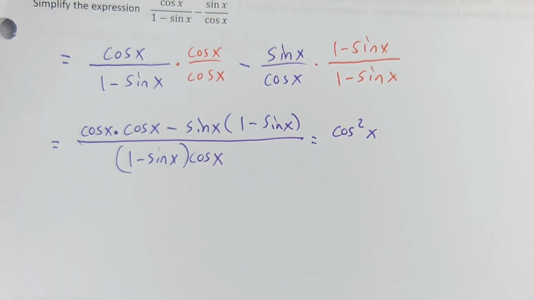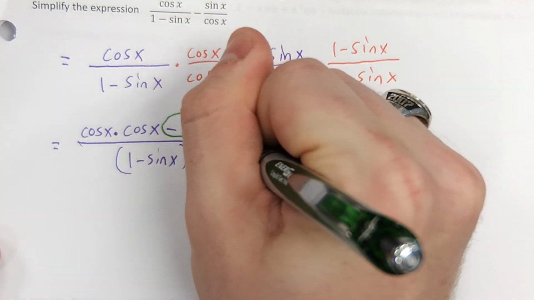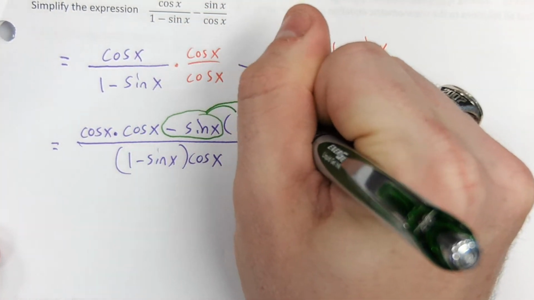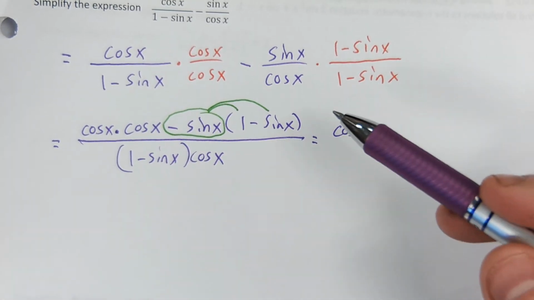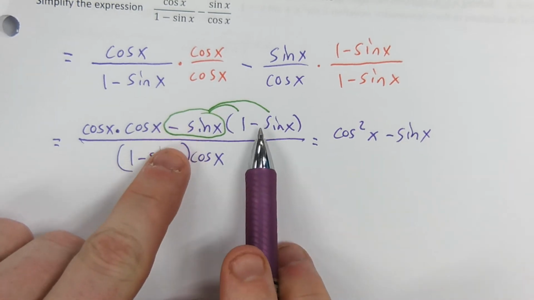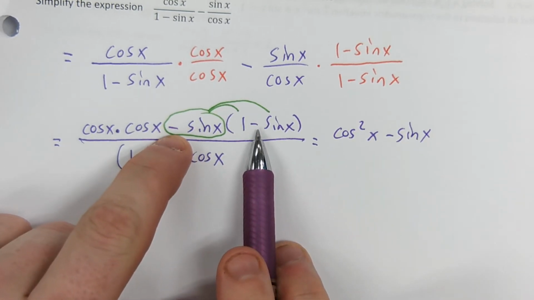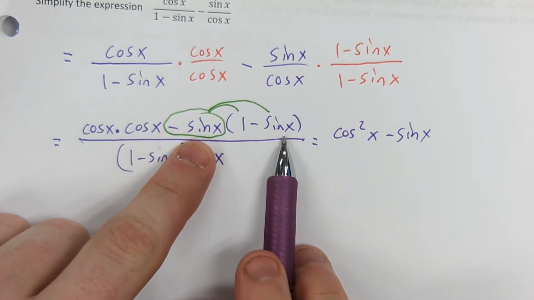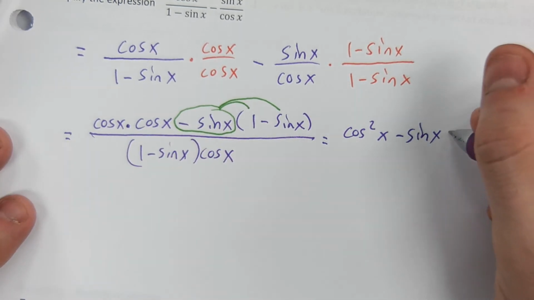What am I distributing? Somebody whispered it. Negative sine x, not sine of x, negative sine of x. So distributing that negative sine x is going to give me a minus sine x, and then multiplying these two negatives will give me a plus sine x times sine x, which is sine squared x.